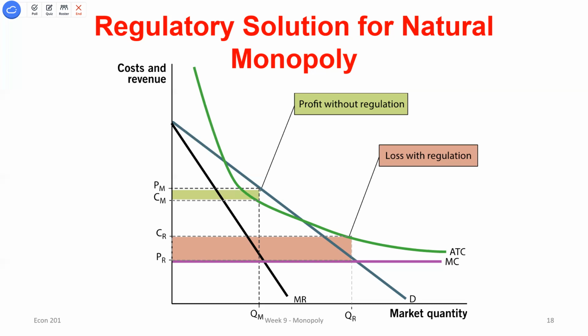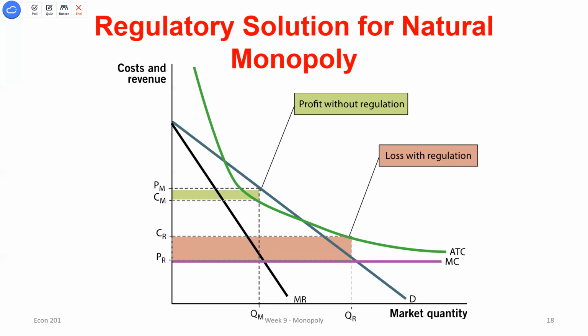Well, I'm no longer getting the surplus. Remember, total surplus is the area between supply and demand. I'm no longer getting the surplus from any of these units once I have a monopoly, because they're no longer providing those units to the market. So I've got a pretty large reduction in total surplus, or a pretty large deadweight loss here.